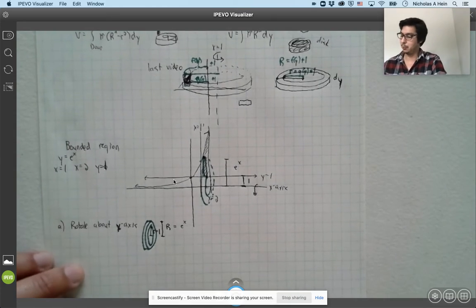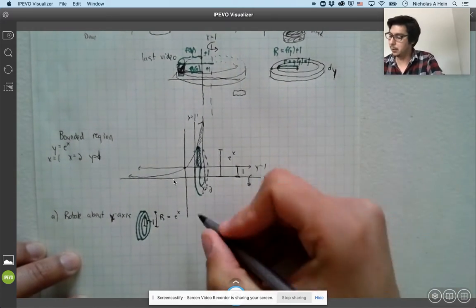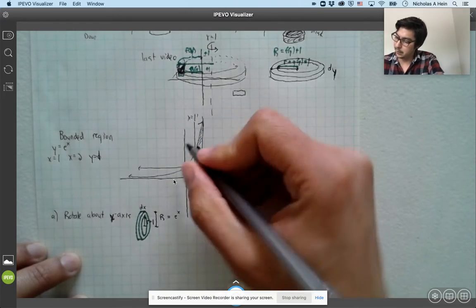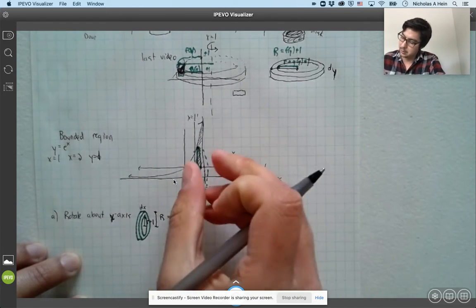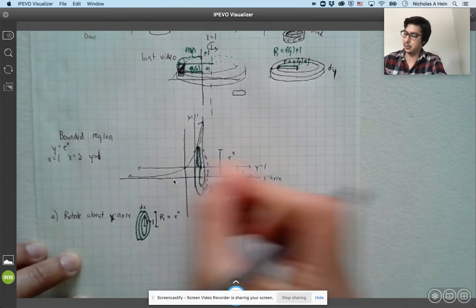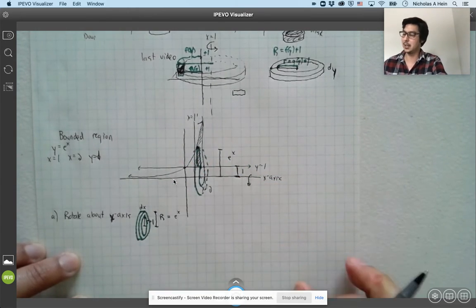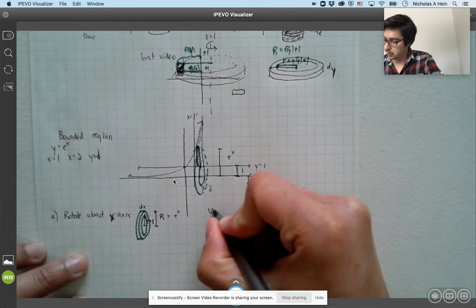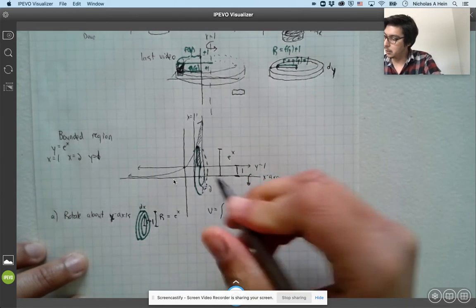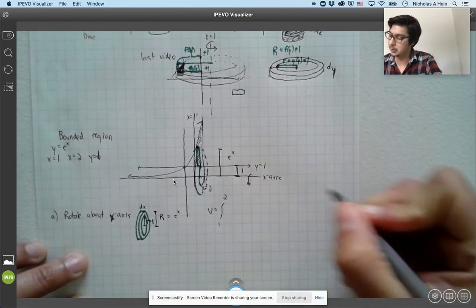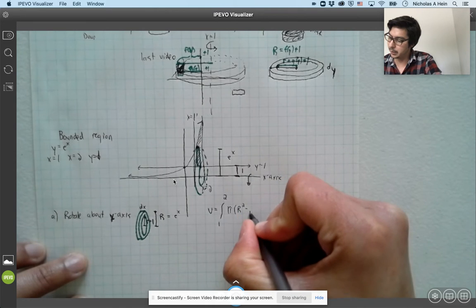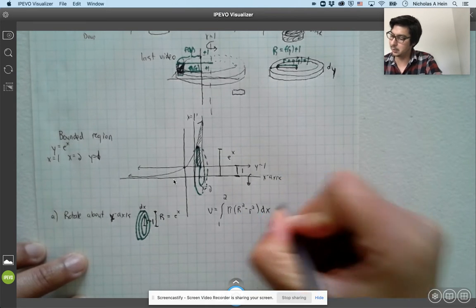Okay. So using our formula there, we can say then, and the thickness, by the way, will be dx as we fill up more and more cylinders in that space along the x-axis. All right. So our volume is going to be from 1 to 2 of pi times outer radius squared minus your inner radius squared dx here.